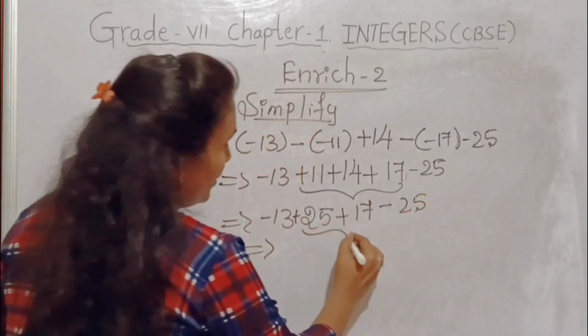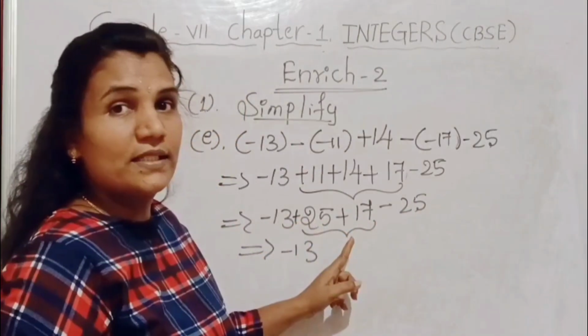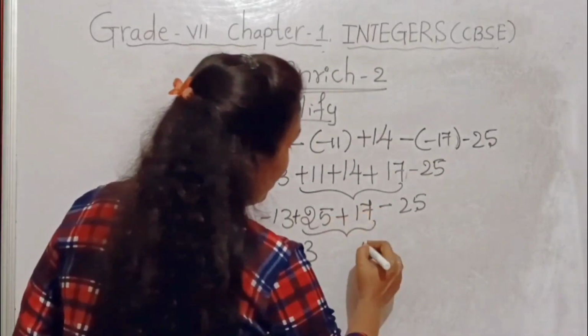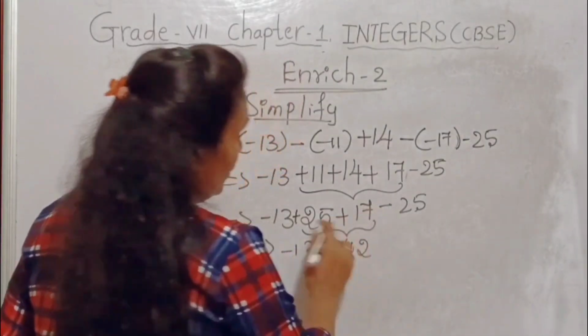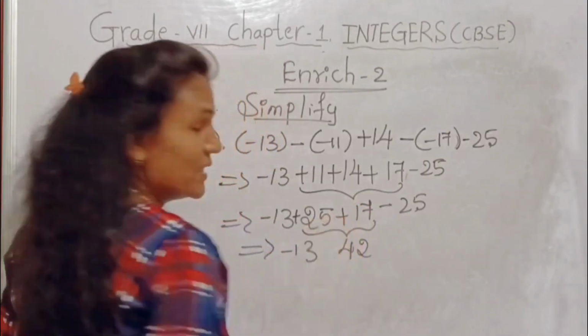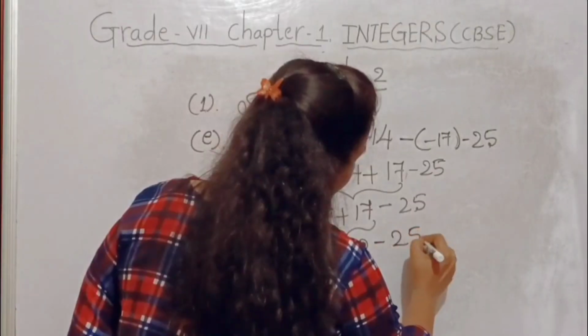Here again we need to do addition. Minus 13 plus into plus, plus. The operation will be addition itself. 7 plus 5, 12. 1 went here. 2 plus 1, 3. 3 plus 1, 4. Among these, 25 is the biggest, which has a positive sign. Minus 25 as it is.